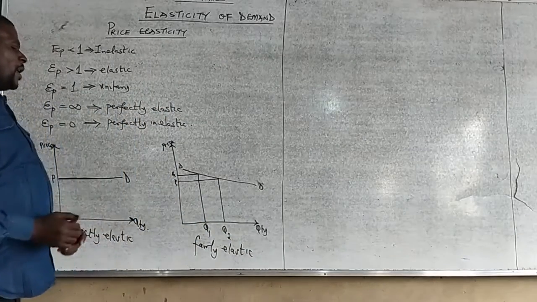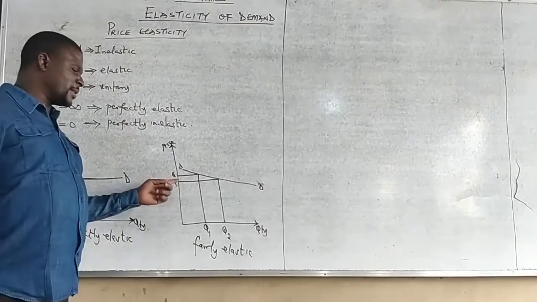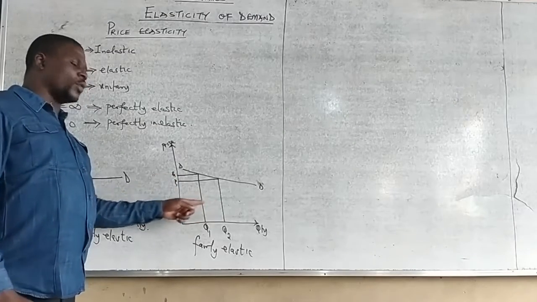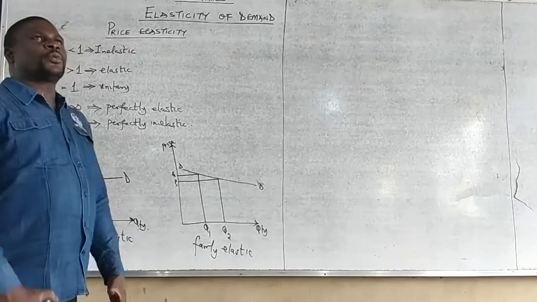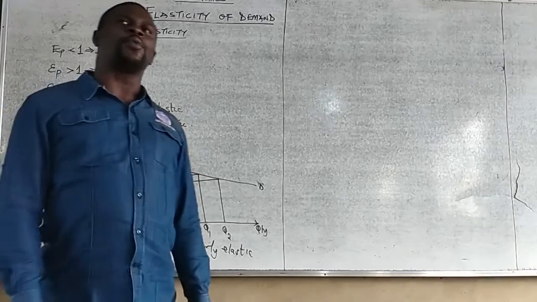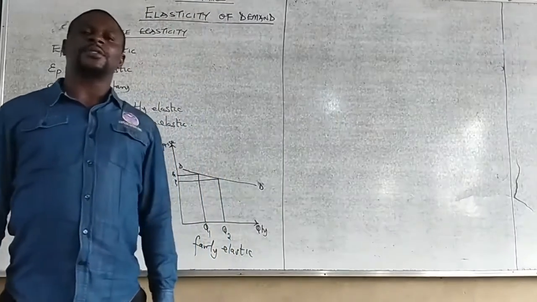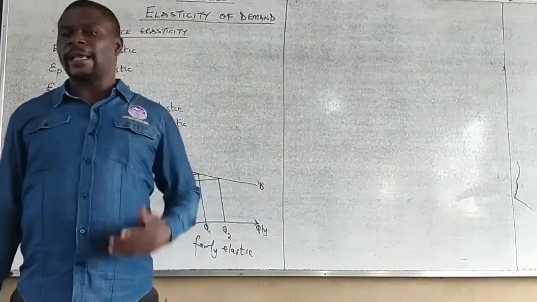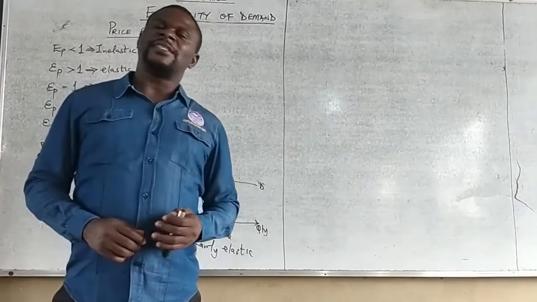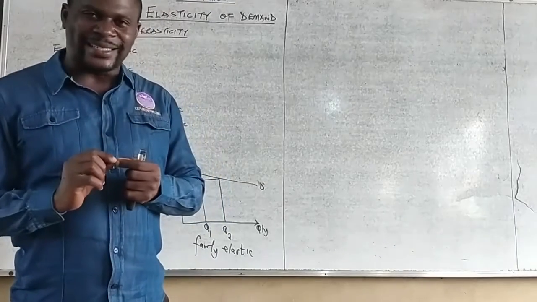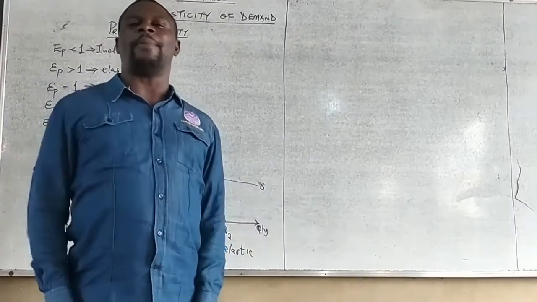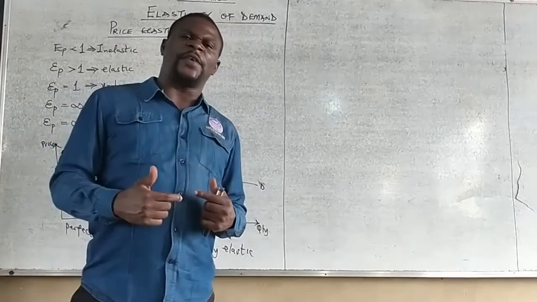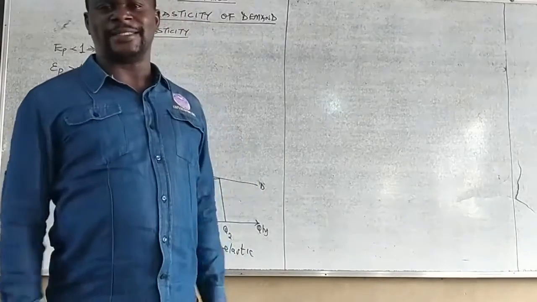So a little change in price brings about wide change in quantity demanded. What are the products that behave this way? For example, you can have a product like bread, like biscuits. These are products that the moment you increase the price a little, many people will not buy. Not because they can't afford it, but because people will just feel, why should I buy it?